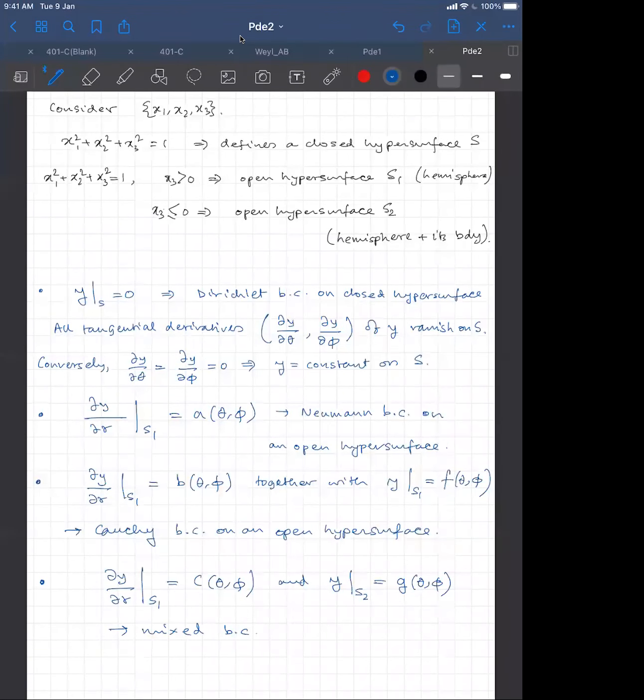I will try and see if I can give you more examples as we go ahead. But hopefully the classification and the sorts of boundary conditions here are clear from what we did in the lecture today.